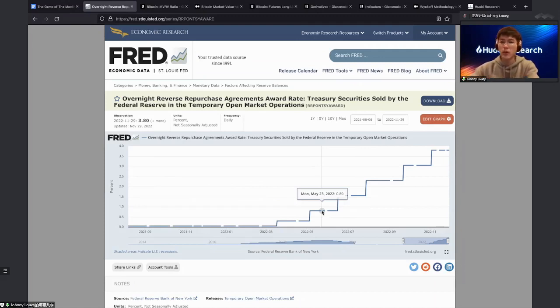That's why we're seeing a drop in the total value locked in the overall DeFi ecosystem, because I think a lot of money went somewhere else. Why not park money with the Fed, right? If you have money, for example $1 billion, you can earn up to 3.8% risk free interest rate.